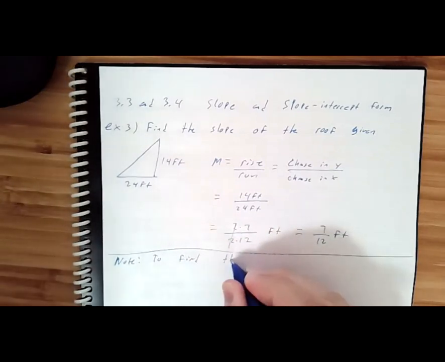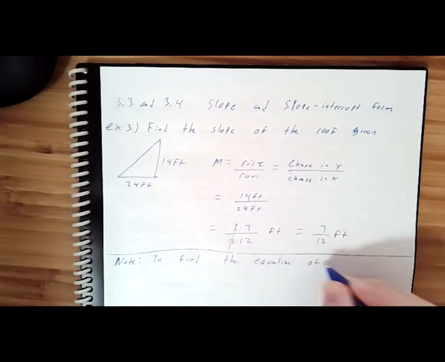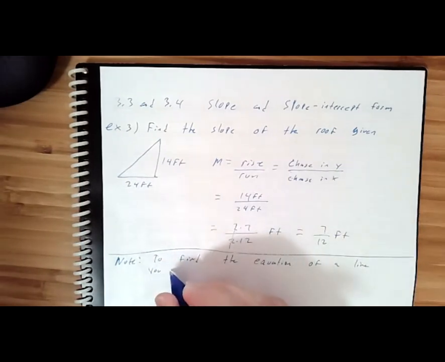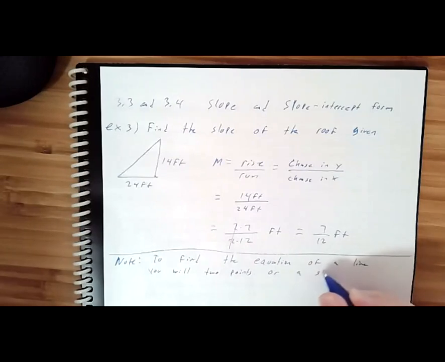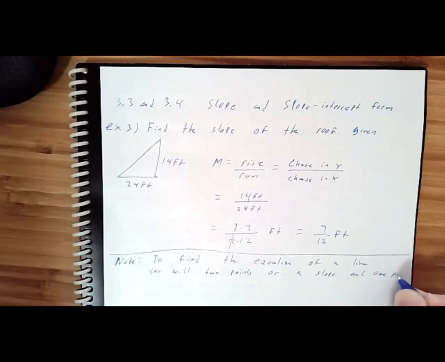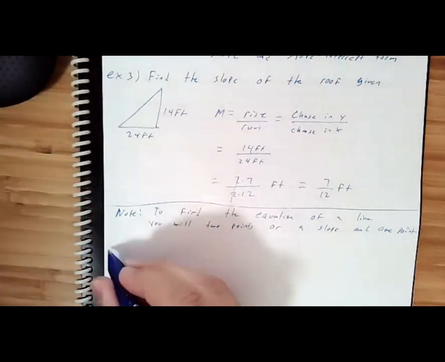To find the equation of a line, you will need 2 points or a slope and 1 point. You need one of those things. If you don't have that, you can't do it.